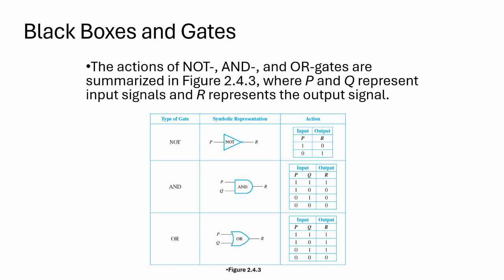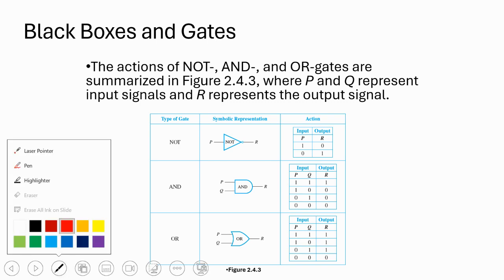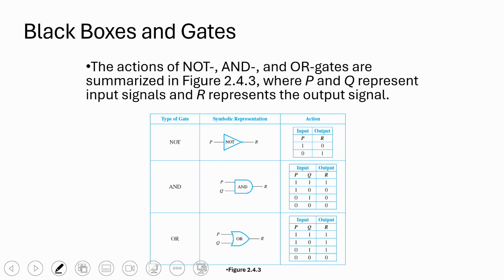Notice that the NOT gate acts like the little tilde, where R is simply not P. If you're looking at the output for R, it's simply the negation of P. So this would be similar to our little tilde representing not.